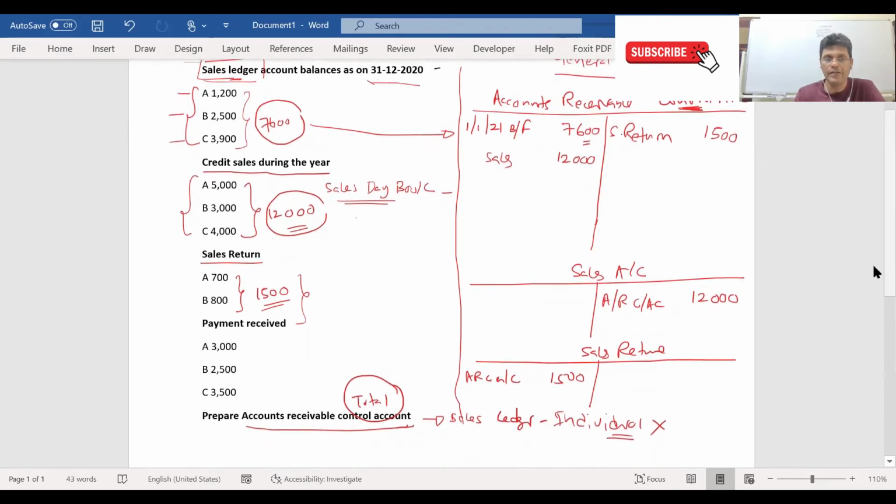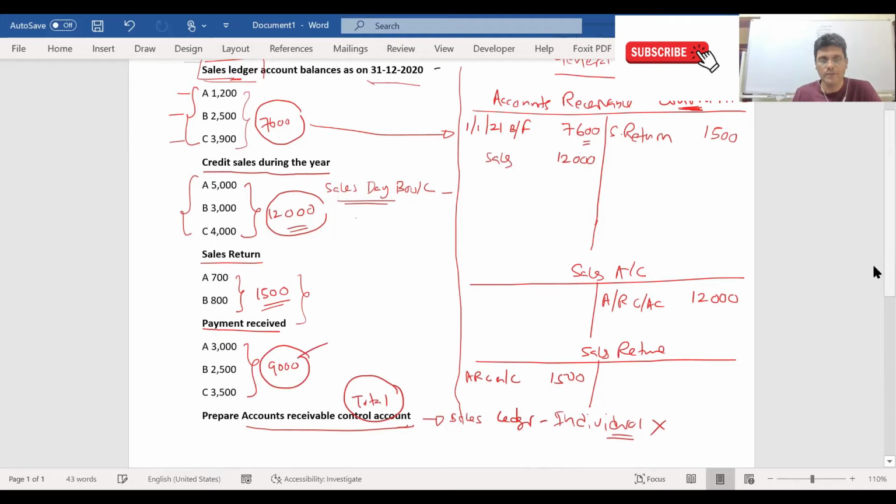payment received from these customers. So what is to be recorded, Samira? How much to be recorded and what is the double entry? Okay, 9,000. Why 9,000? The total amount is to be recorded in the control account, right?